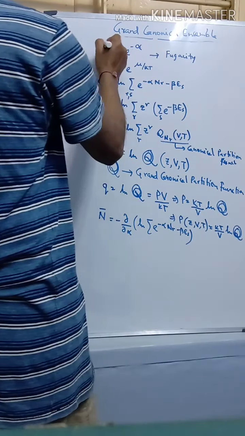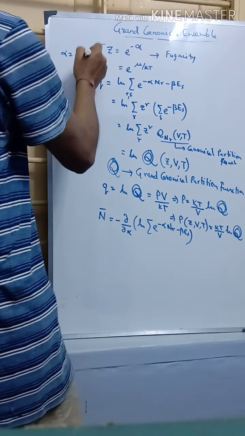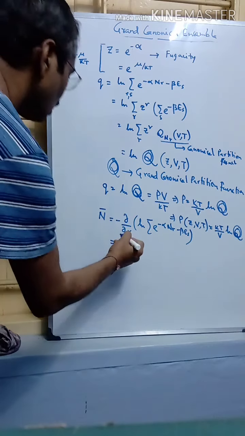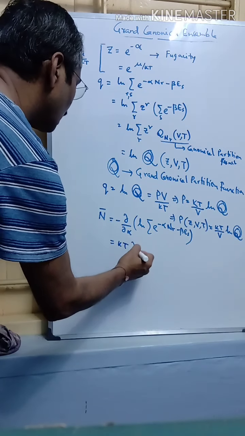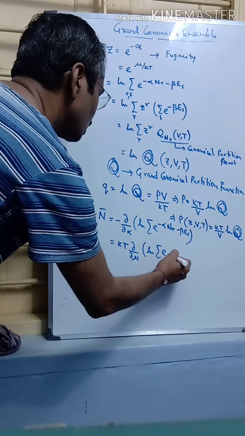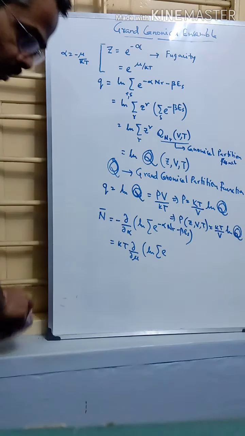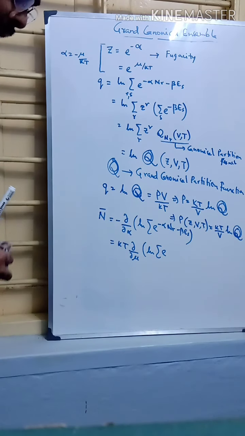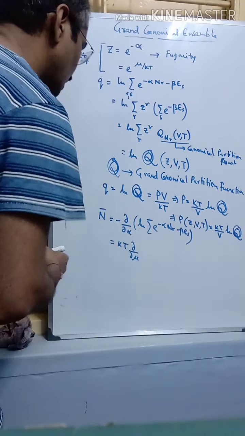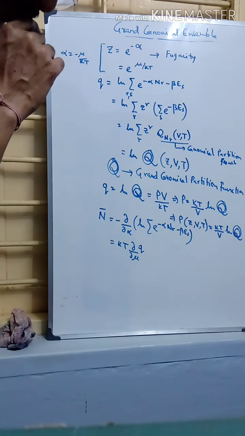So from here we can write N equal to kT del mu of ln of summation e to the power, which is ln of q, or you can call this whole thing del q del mu, where q is the q potential.